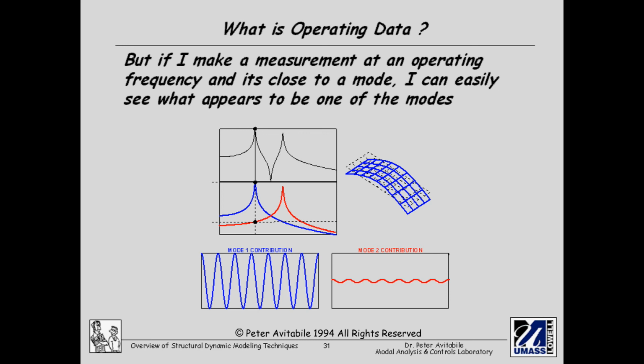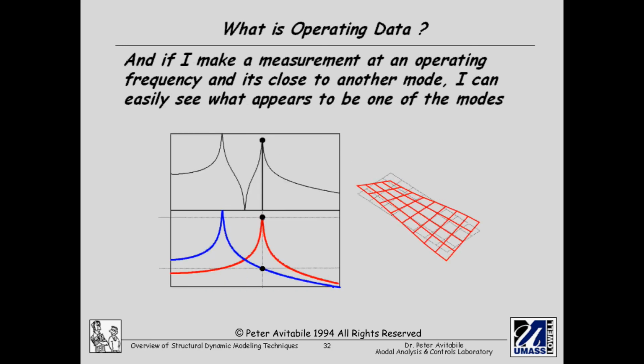Now that's not to say that the second mode doesn't have any contribution, it's just that its contribution is so small it's overpowered by the first mode. And we can see that in the time response. You'll see the blue sinusoidal time response is a lot larger than the red sinusoidal response. So the contribution of the total response of the displacement of the system is heavily dominated by the first mode of the system. The second mode has very little response.